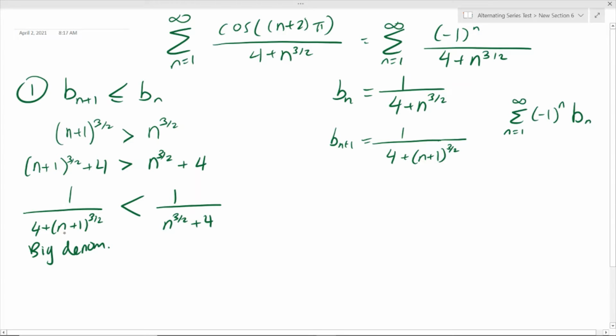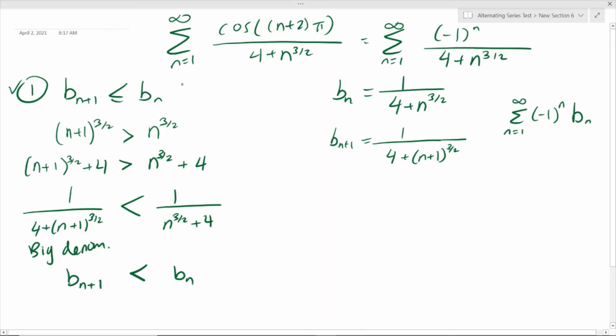If the denominator is greater, this whole thing is going to be smaller, because we're dividing by bigger numbers. So we recognize that this is the same as b_{n+1}, and this is the same as b_n. So b_{n+1} is less than b_n, and we have proved our first condition.